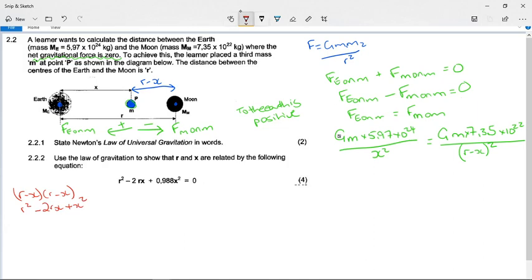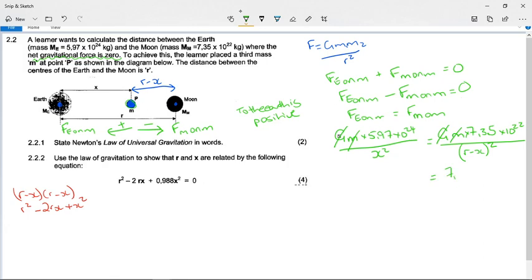Okay, so if we FOIL that, that's what we get. So now if we have a look at our equation here, what have we got? We've got a G on the left and a G on the right, so I'm going to divide both sides through by G. They're going to disappear. I'm going to divide both sides through by M. The M is going to disappear. And now I am going to cross multiply across the equal sign.